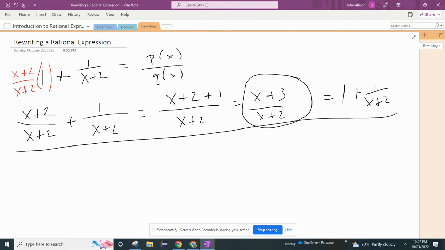Let's try another one. Let's do one where we have two fractions with variables in the denominator. Let's do 3 over x plus 1 minus 2 over x minus 1. Now, I need a common denominator.